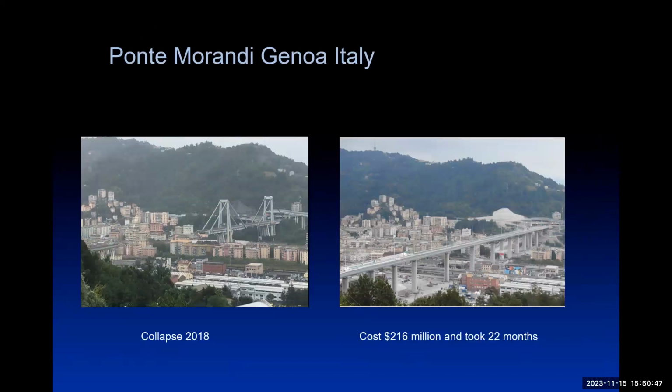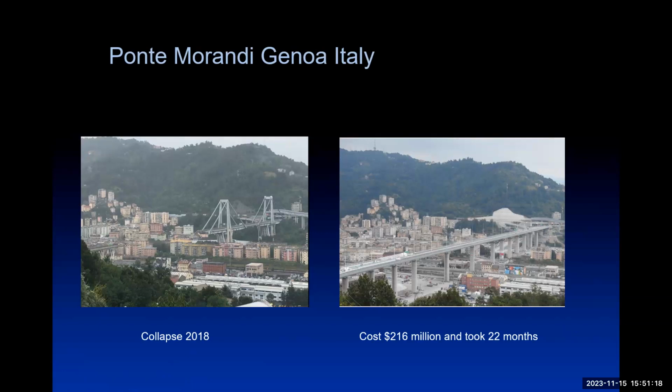And then we had the Ponte Morandi in Genoa, Italy. It collapsed, just got old, and a section of the bridge collapsed on buildings below. But it only took 22 months to rebuild this section which had fallen, and it cost $216 million to do it.